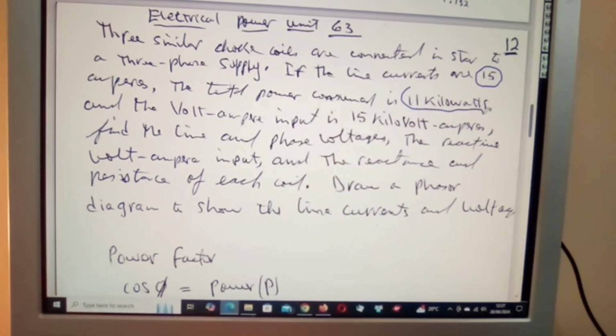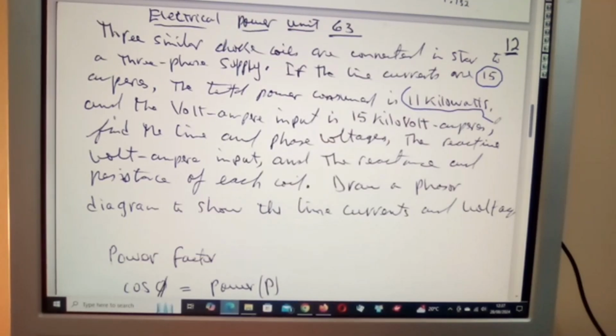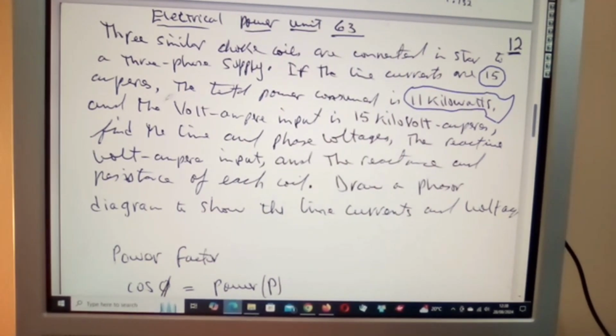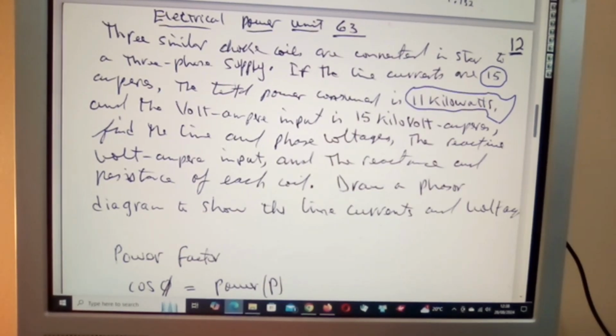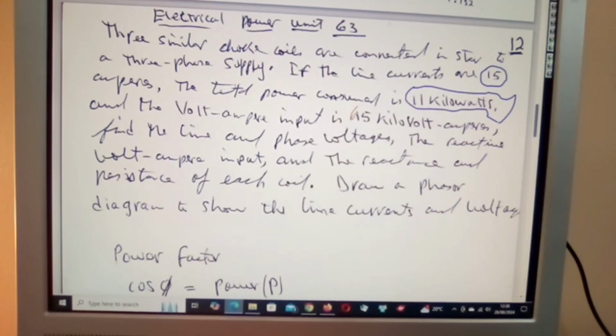Let me change to a different, brighter color. And we've got something else here.